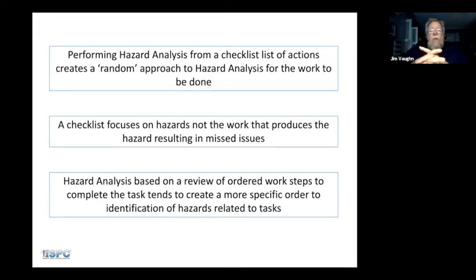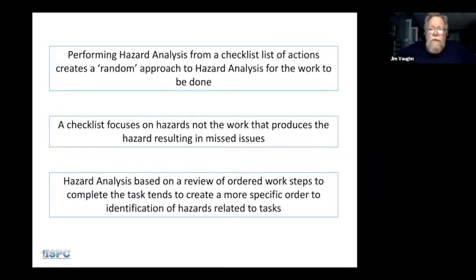So we do want to focus on hazards, but not from the aspect of the hazard list, because when we do that, we start missing things because we're not discussing how the work is done. However, if we do the hazard analysis from an ordered work step, in other words, everybody knows how we're going to perform a job.